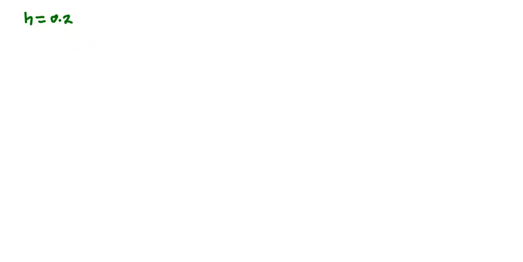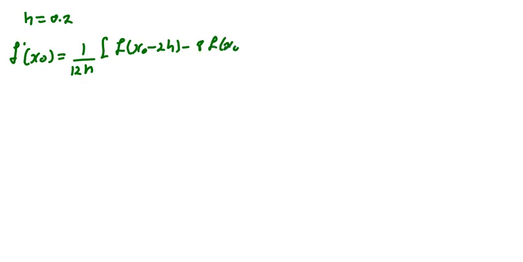If you want to consider the 5-point midpoint formula, it's given as f prime of x naught equals 1 over 12h, open bracket, f of x naught minus 2h, minus 8 f of x naught minus h, plus 8 f of x naught plus h, minus f of x naught plus 2h.